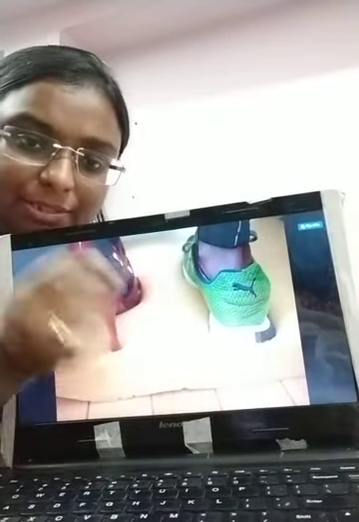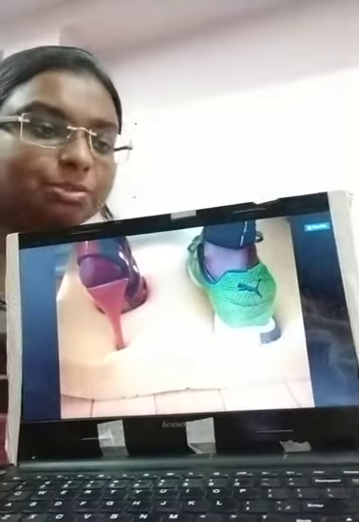Larger area means less pressure. That's why when you walk in the sand, will you prefer to walk with pointed heels or with flat shoes? Obviously you will prefer walking with flat shoes. Why? Because the area is now larger. That's why the pressure applied will be smaller.